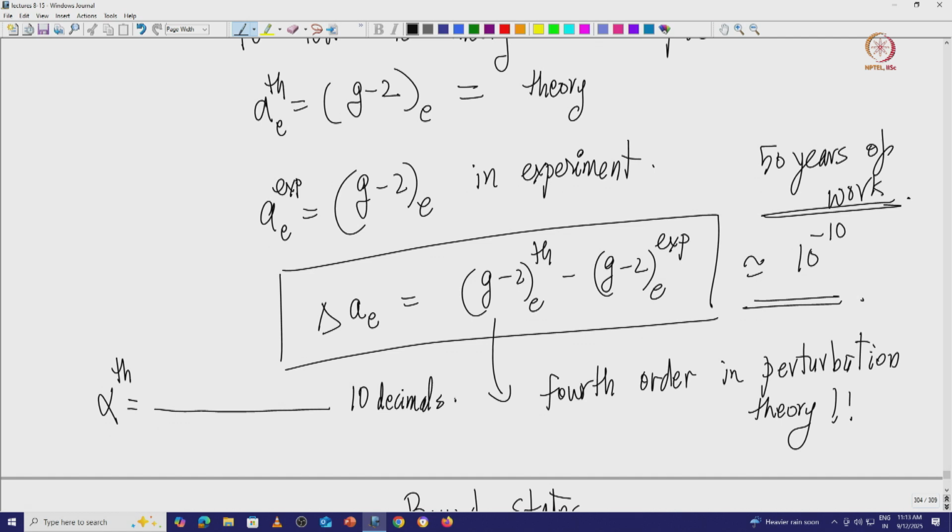So alpha inverse will be 137 point something, and alpha from experiment, which is measured from the quantum Hall effect, matches this up to 10 decimals. Quantum Hall effect.